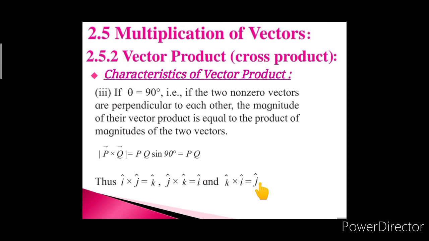But when we change the order of multiplication, the direction of the resultant will be opposite, which is shown by the negative sign. Hence j cap cross i cap is equal to minus k cap. k cap cross j cap is equal to minus i cap. i cap cross k cap is equal to minus j cap.